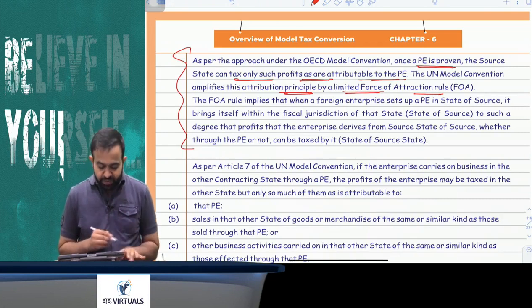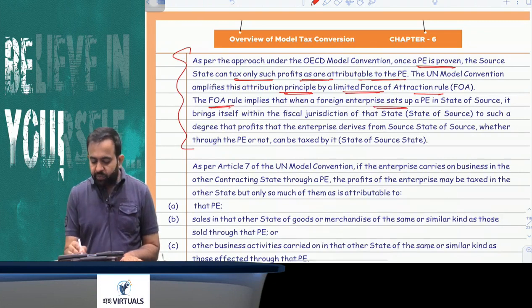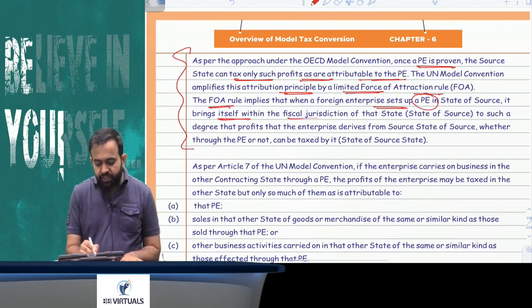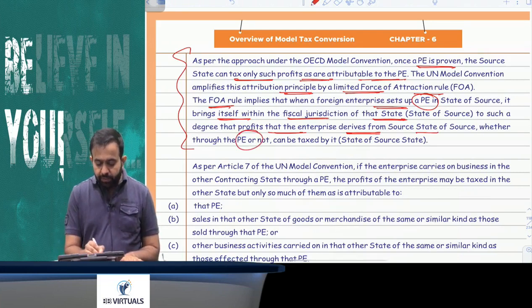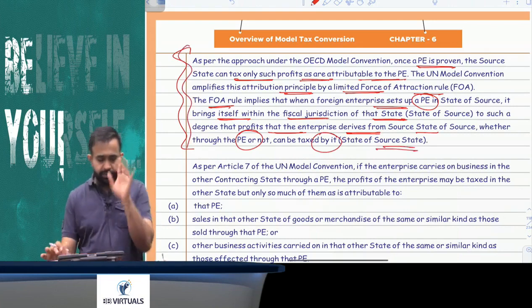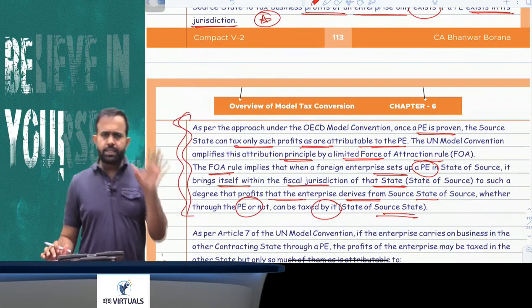I will explain to you. The force of attraction rule implies that when a foreign enterprise sets up a PE in the state of source, it brings itself within the fiscal jurisdiction of that state to such a degree that profit that the enterprise derives from the state of source, whether through the PE or not, can be taxed by it. There is one interesting part, just pay attention. I am going to explain it.